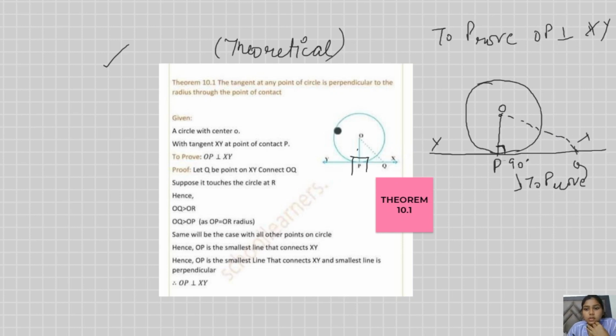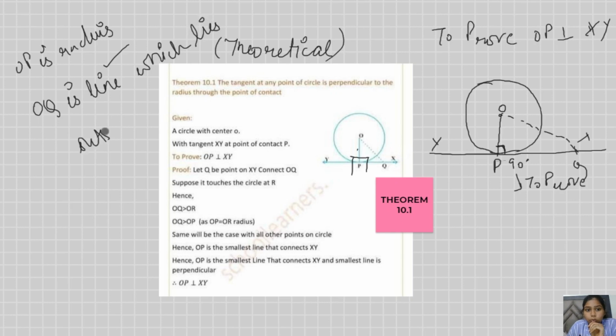Now obviously OQ will be larger than OP. Why will OQ be larger than OP? It is because OP is the radius of the circle, whereas OQ is the line which lies outside the circle.